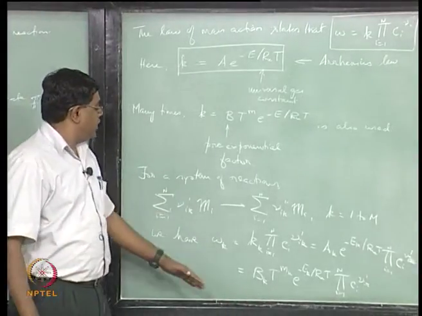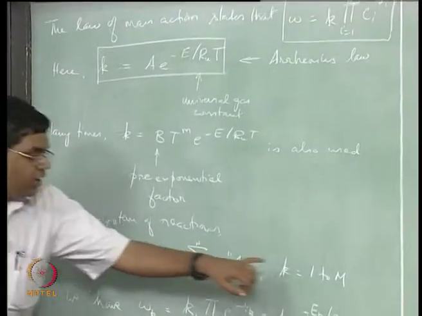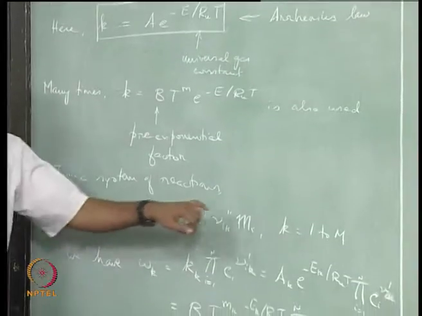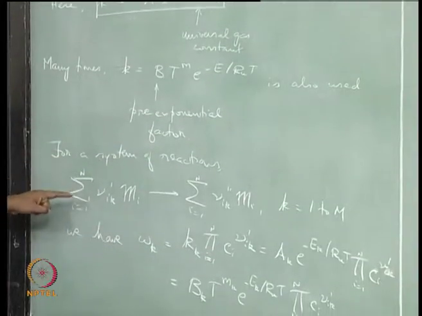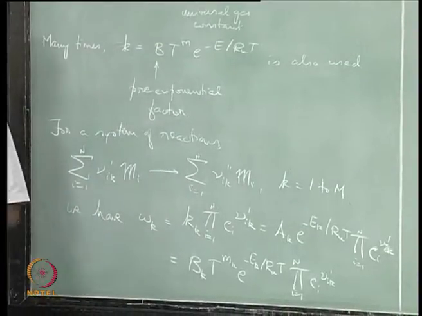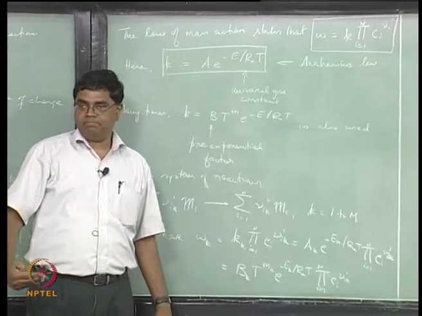In the system of reactions, your capital N, capital M, the script M_i's and the nu_ik single primes and nu_ik double primes, all this information gives you what's called a reaction scheme.